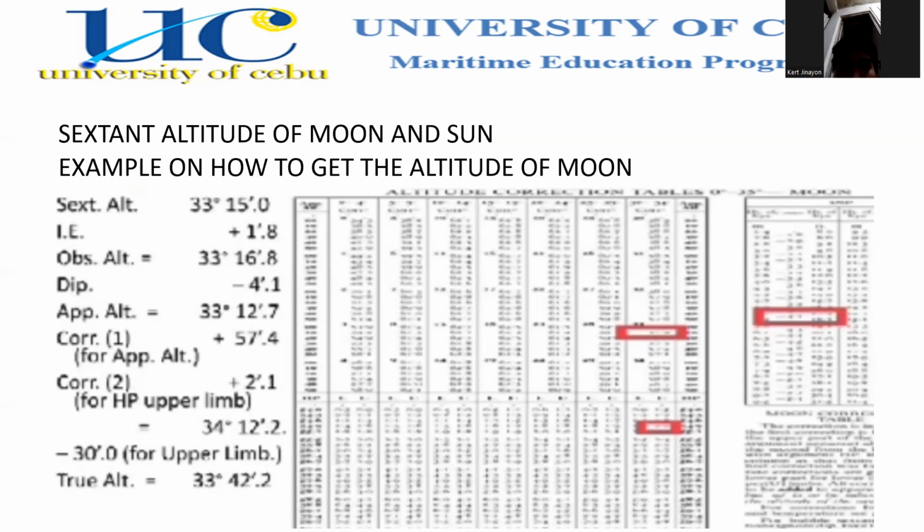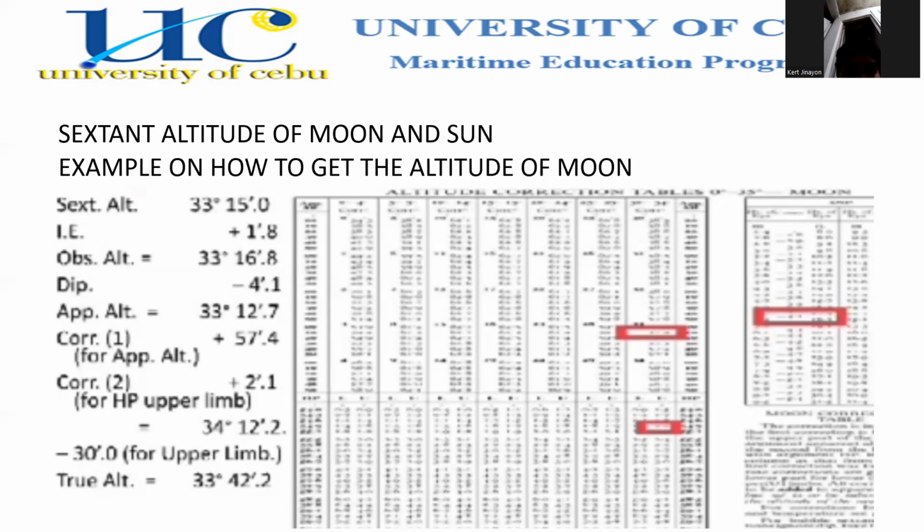So here in the nautical almanac, it's not very clear, but sextant altitude is 33 degrees 15 minutes. The IE, or the correction, is plus 1.8 minutes. The observed altitude is 33 degrees 16.8 minutes. Dip is negative 4.1 minutes. The apparent altitude is 33 degrees 12.7 minutes, and the correction for apparent altitude is plus 57.4 minutes.